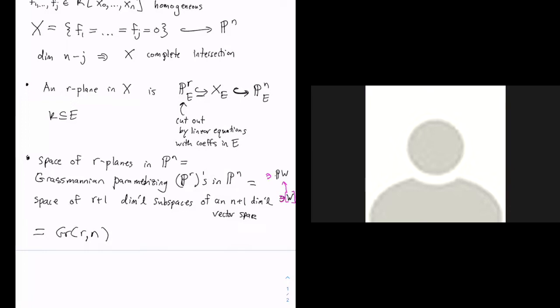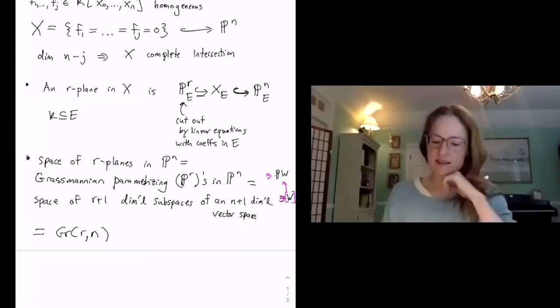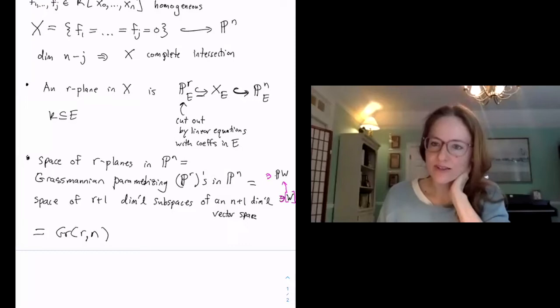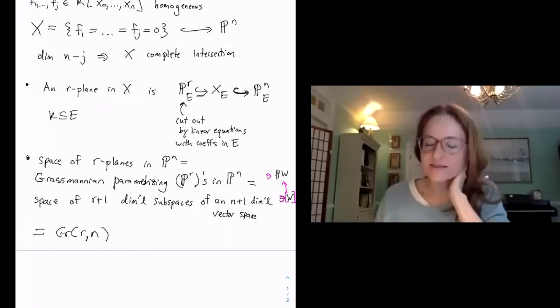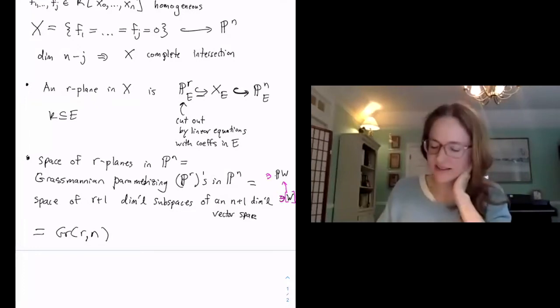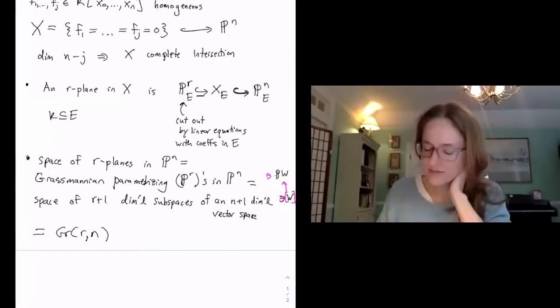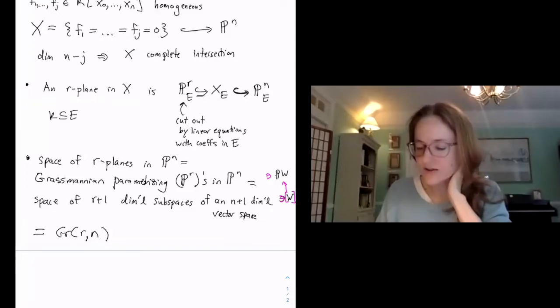But X is some interesting variety cut out by equations of different degrees, and inside it there might be points, lines, two-dimensional planes, three-dimensional planes, and I'm just saying that explicitly here. We're allowed to have our linear equations have coefficients in E, in some extension.